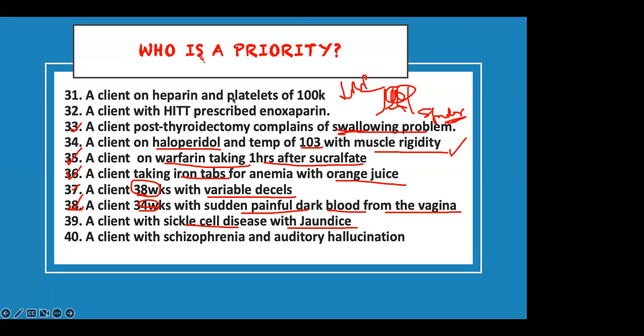Sickle cell patients, they are anemic, they have jaundice, their hemoglobin can be 8, that is expected. They are basically destroying their blood cells all the time. So don't worry about it. They are usually jaundiced because of the hemolytic anemia, they have bilirubin buildup.